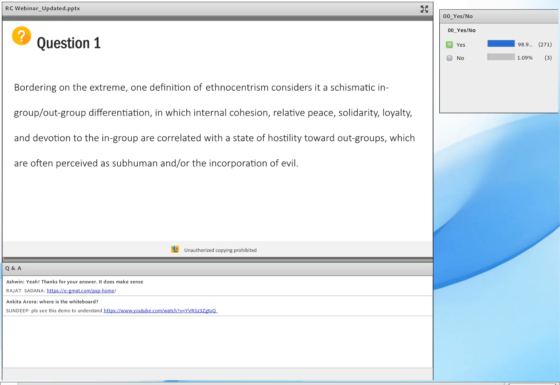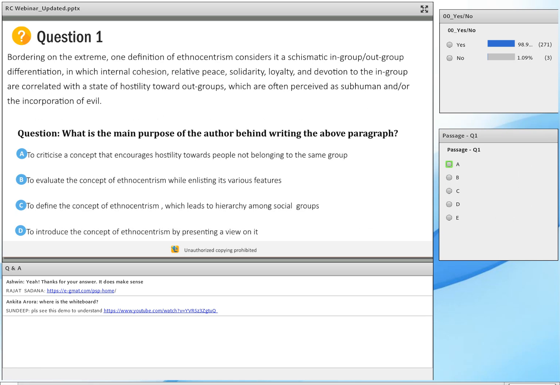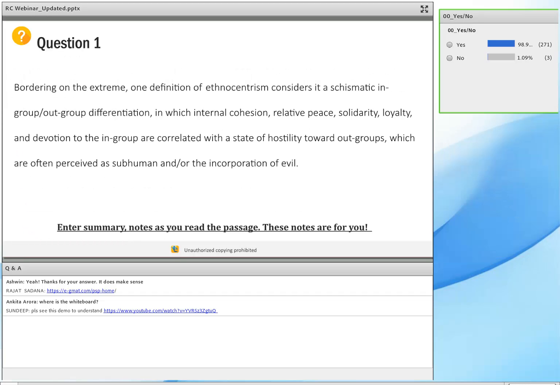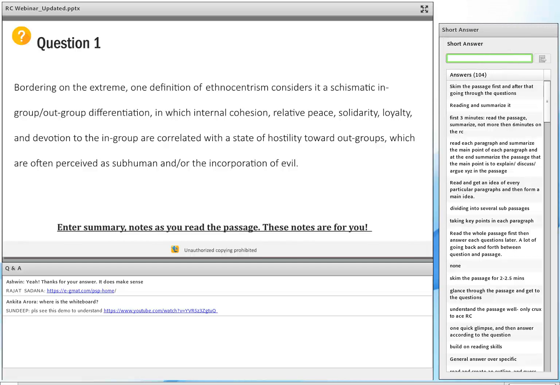Okay. Now this one has 5 answer choices, but let's just worry about getting the first 4. Actually, you know what? Let's get your summary first before we get there. I'm going to clear your responses.